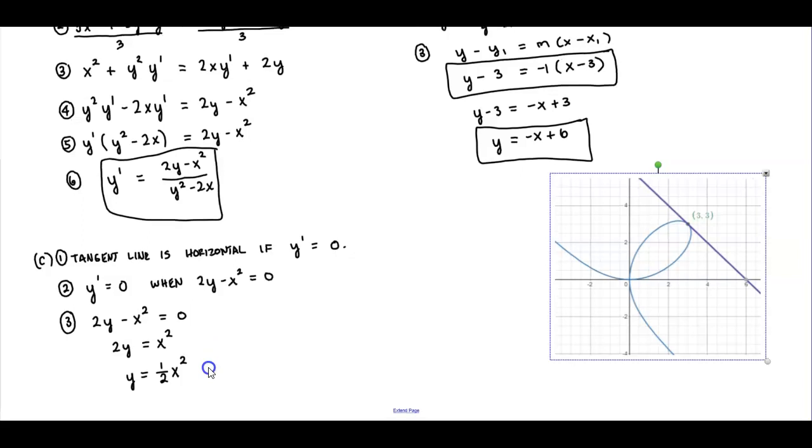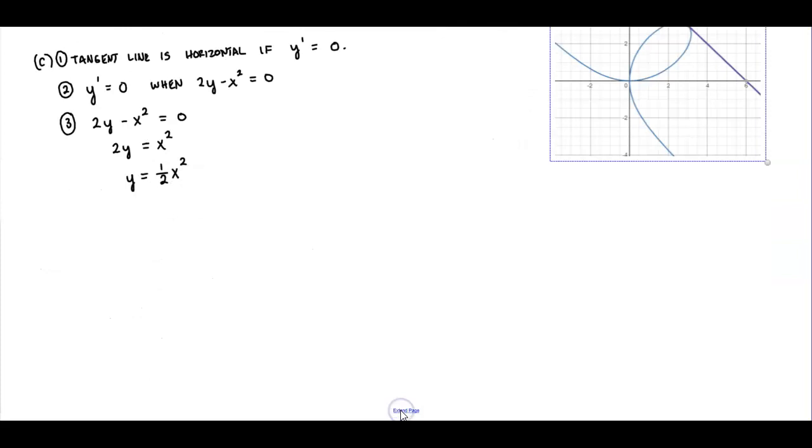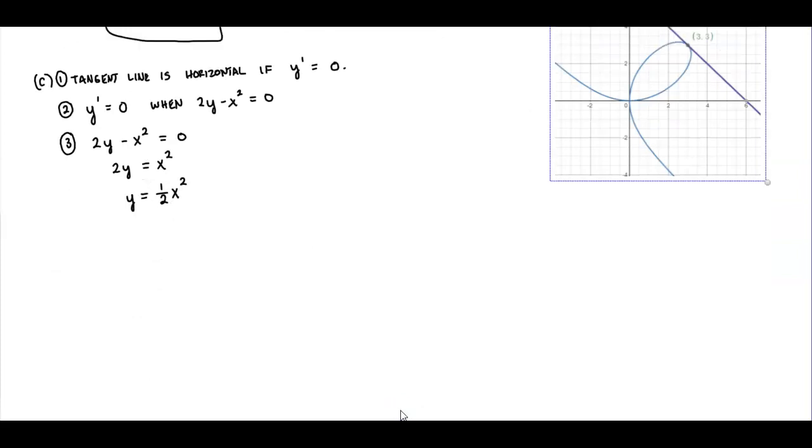Now that we know what y is, we're going to use our curve. The curve that we started out with was x cubed plus y cubed equals 6xy. We're going to replace the y with 1/2 x squared.